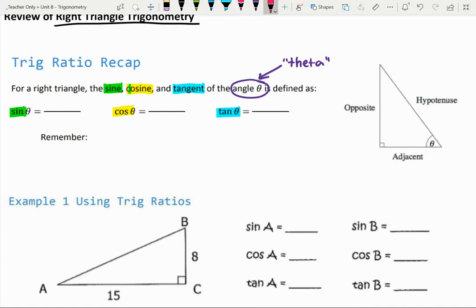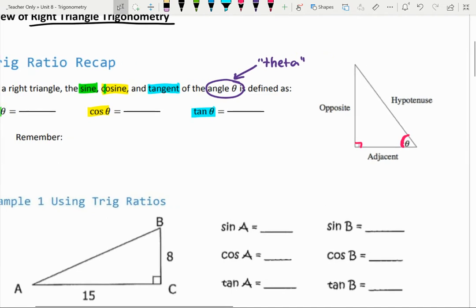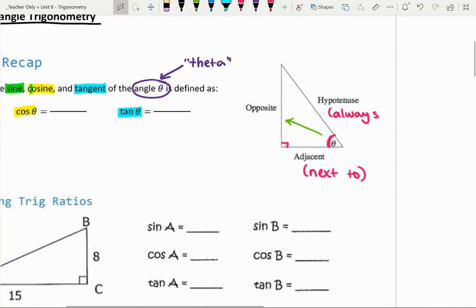So if we have an angle theta in a right triangle, there are three sides that we could be dealing with. We could be dealing with the opposite side, which is the side across from it. We could be dealing with the adjacent side, which is right next to our angle theta, or we could be dealing with the hypotenuse, which is always across from the 90-degree angle.